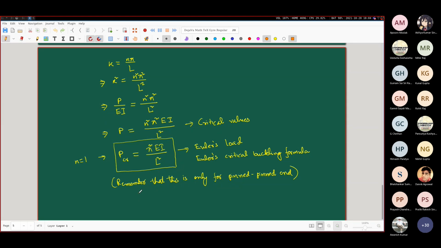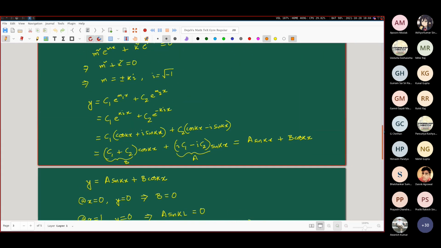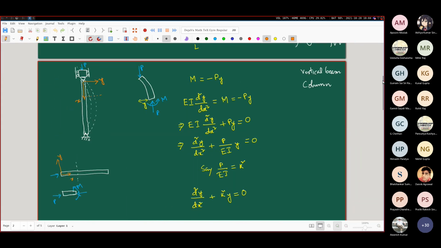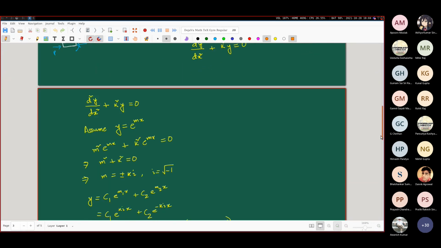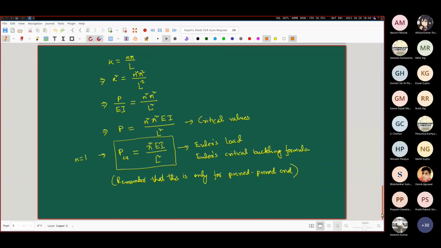I had mentioned at the end that please do not forget that this formula is only and only for the pinned end case, meaning that when our column has these boundary conditions, pinned at one end and pinned at the other end, only then will you have the critical buckling load of this particular form.